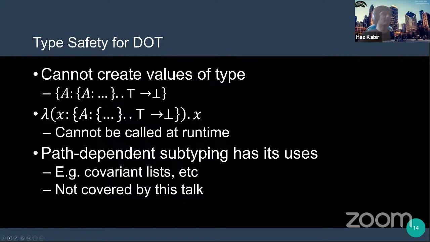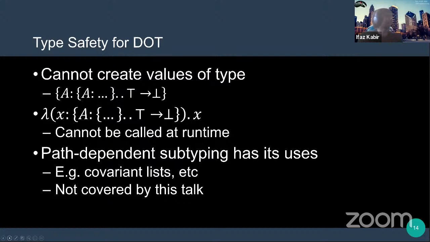We always have to assign a real type to an object's type members, and generally you don't have types with an upper bound of a function type and a lower bound of an object type. So although the function we saw earlier is well typed, it can never be called at runtime.